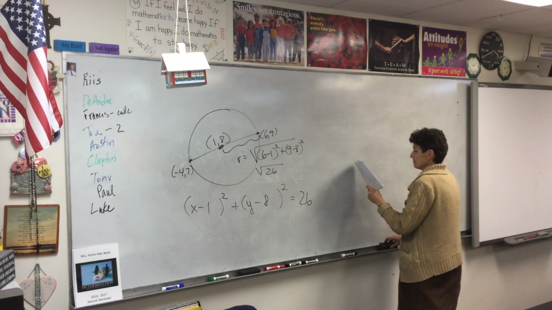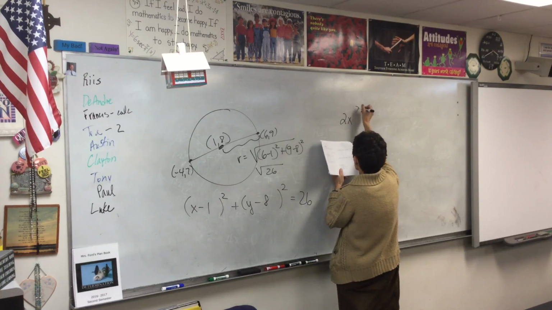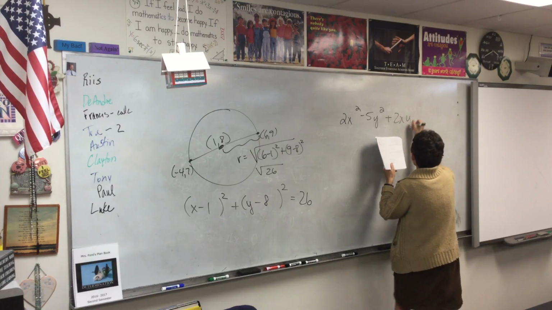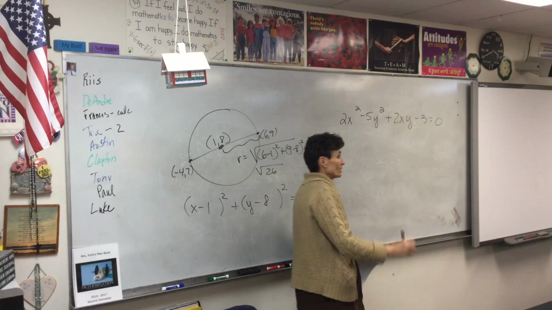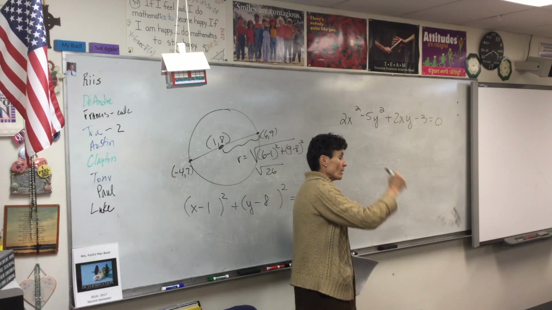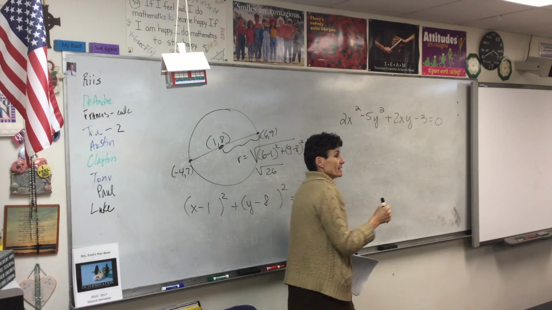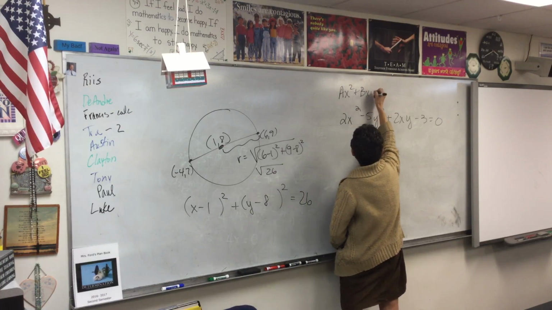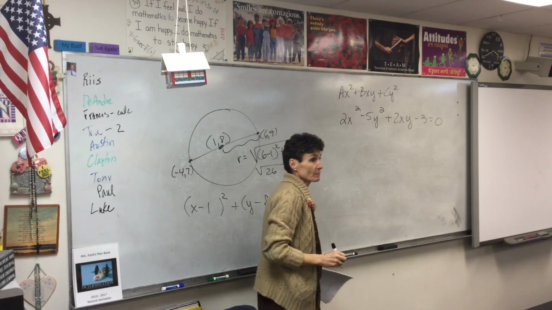What have we got? Take a look at that equation. Do not pay attention to the order it's in. Pay attention to what is x squared, what is y squared, and what is xy. Because remember, A goes with the x squared, B goes with the xy, and C goes with the y squared.